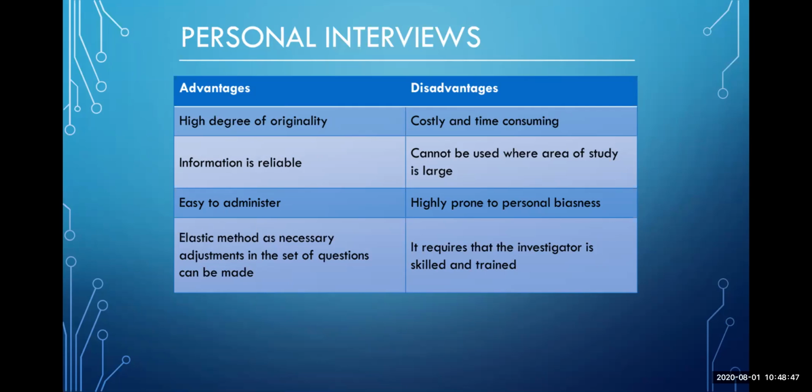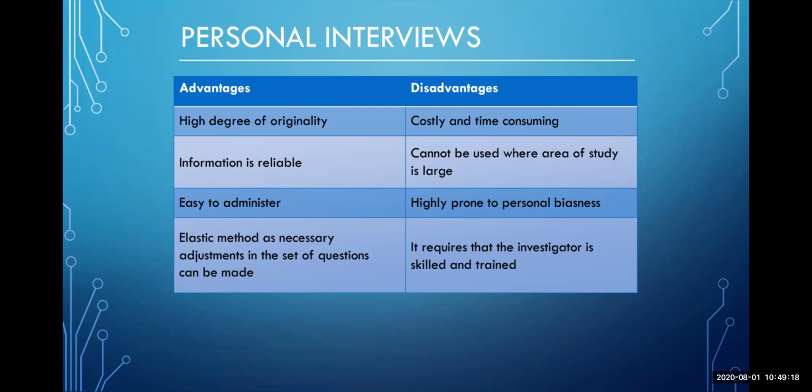Sometimes the respondent is not ready to share certain information, but that information is necessary for my data collection. Then I can ask the same question in a different way, or change the questions and ask in such a way that the respondent answers me indirectly. This kind of change can be done in a personal interview, which is an advantage.